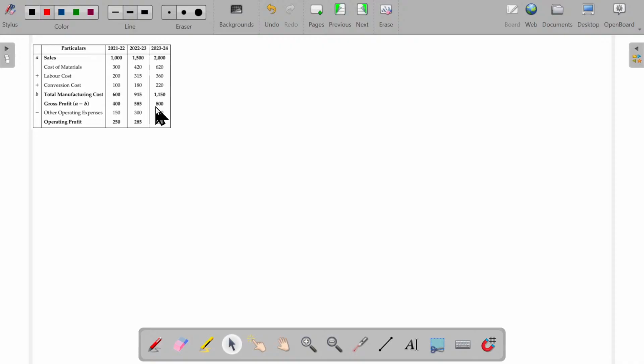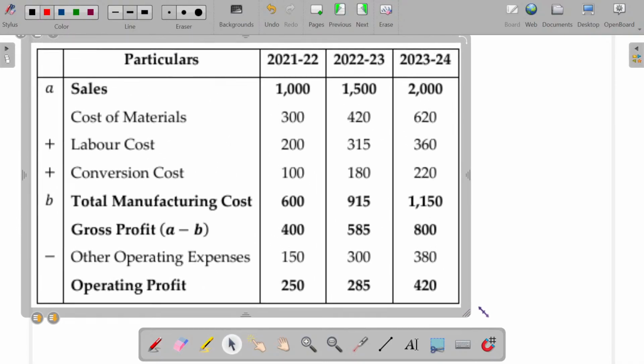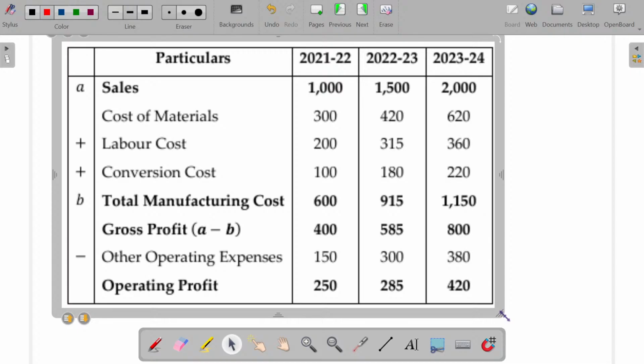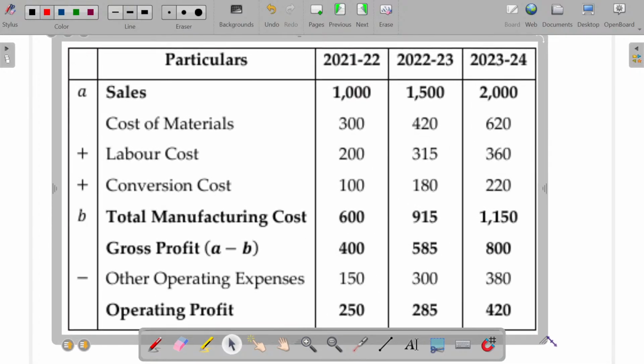How can you represent the candidate is doing well? Very simple. The performance of a candidate can be easily found out by showing his results in percentage. Some students may get 40 marks, some 60, some 70. But out of how much is the trouble.